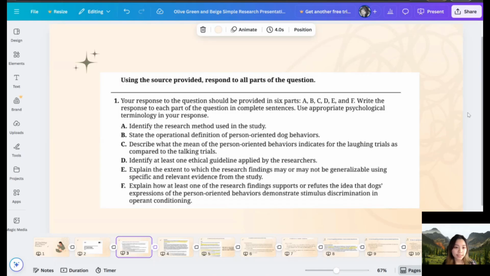The section that takes the longest time is using the source provided and responding to all parts of the questions. You need to respond to the six questions, which is part A to F, and write the response to each part in complete sentences with appropriate psychological terminology in your response. And we are going to talk about each question later.